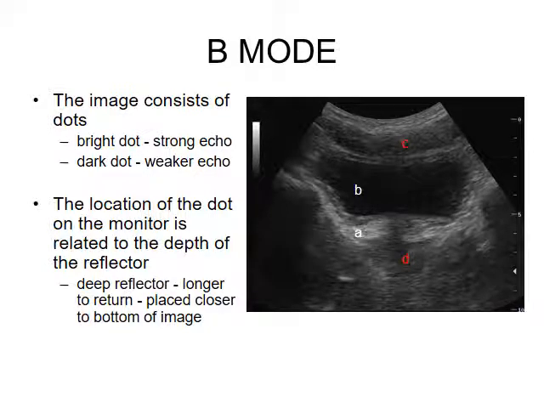So if we send out a pulse of sound and then we're sitting listening for it to come back, if it comes back quickly, we're going to put it up here where C is. Okay, so this sound has come down and gone back to our transducer, which would be sitting just up the top of the image here. It's gone down and come back quickly, so therefore structure C has to be closer to the transducer and put at the top of the image.